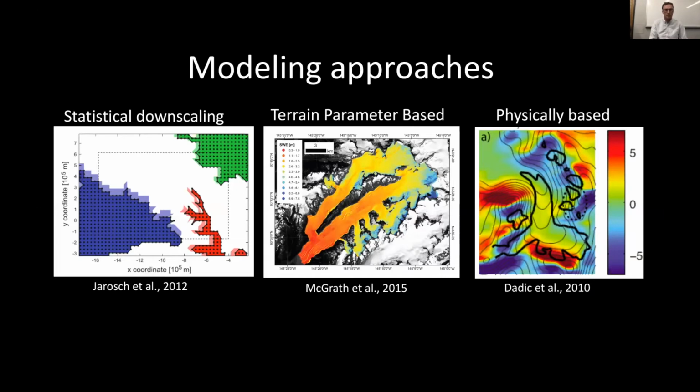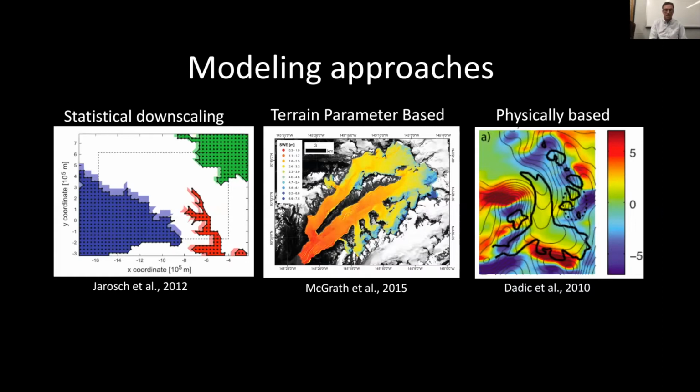The second here is a terrain parameter-based approach. This is widely implemented in the seasonal snow community, where we take point observations and relate those point observations to a range of terrain parameters such as elevation, curvature, aspect, and different parameters describing wind redistribution such as Adam Winstral's Sx and Sb. Then we can extrapolate, once we establish these coefficients, over the entire glacier area. And that's what's shown here for Scott Glacier outside of Cordova, Alaska.